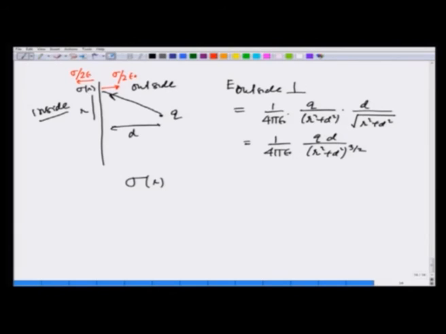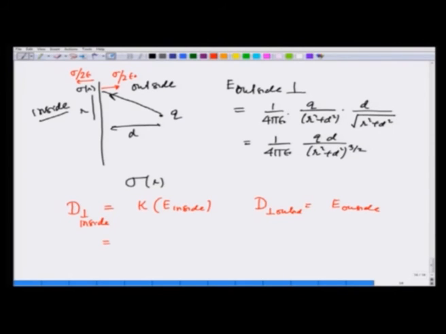Now, if I apply the condition that D perpendicular is the same, D perpendicular is going to be k times E. D perpendicular inside is going to be k times E inside, and D perpendicular outside is going to be E outside, because outside k is 1.